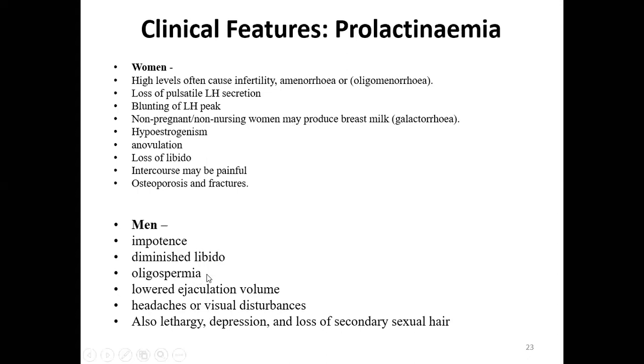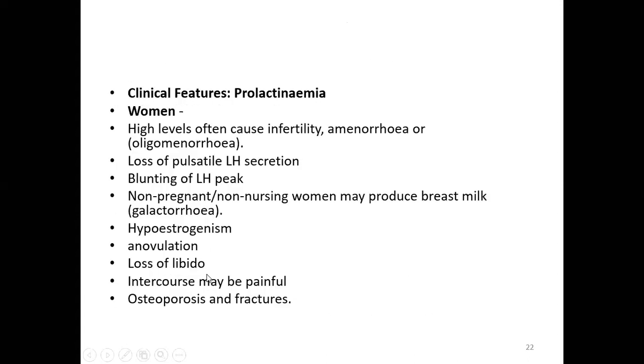Okay. So now the question is, what can cause prolactinemia? First of all, the commonest cause of prolactinemia is not the tumors. The commonest cause of prolactinemia are actually drugs that we give to patients. Remember I said that prolactin is under dopamine inhibition. So if I give any drug that can fight against dopamine, then prolactin will be produced in excess.